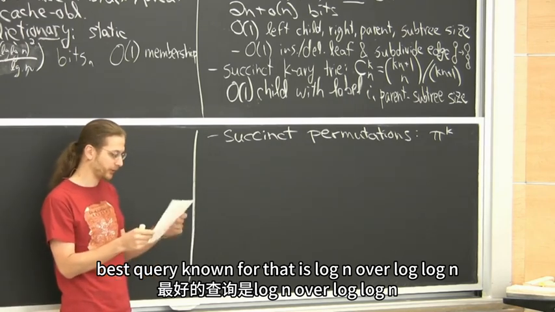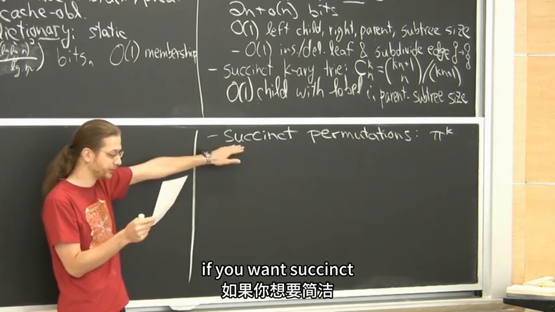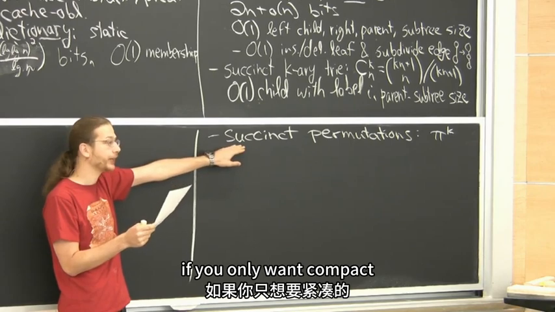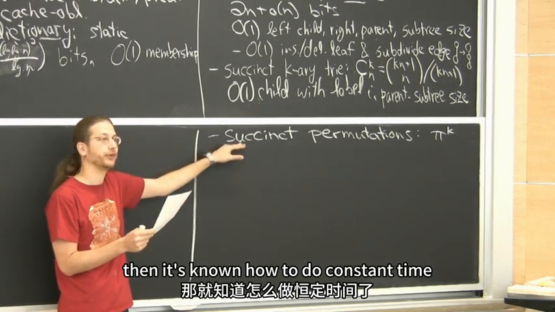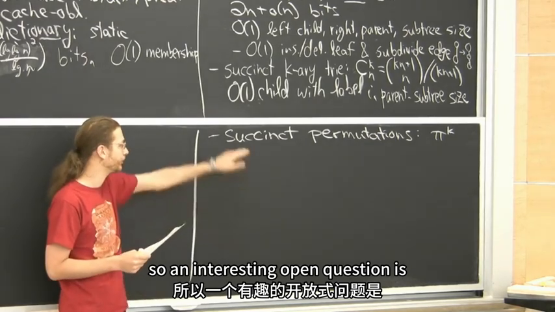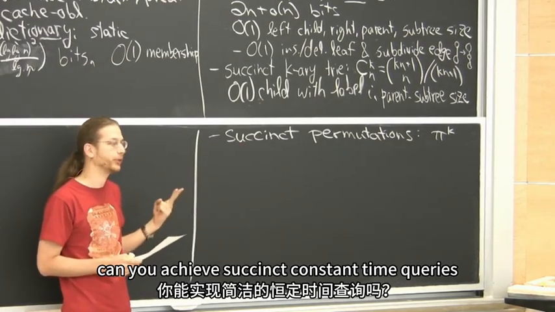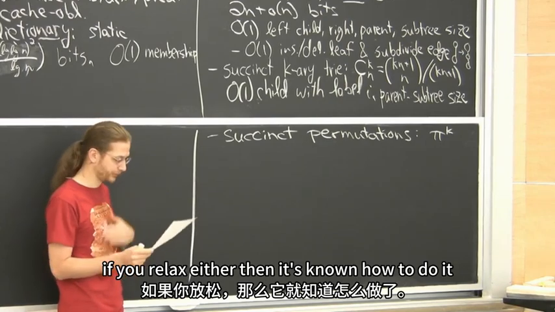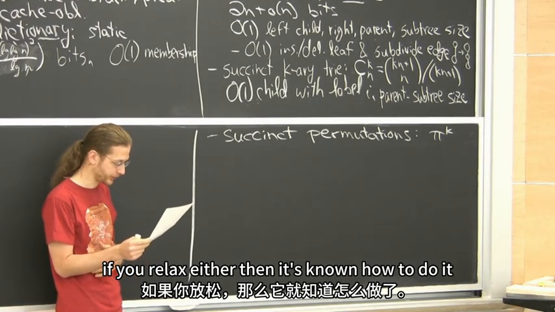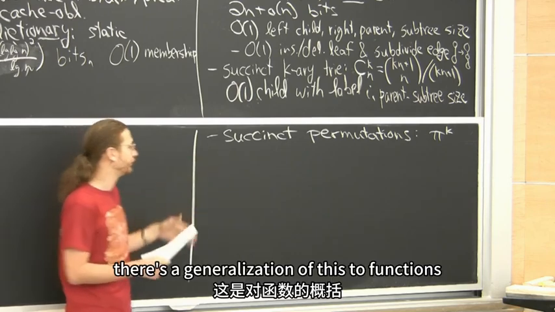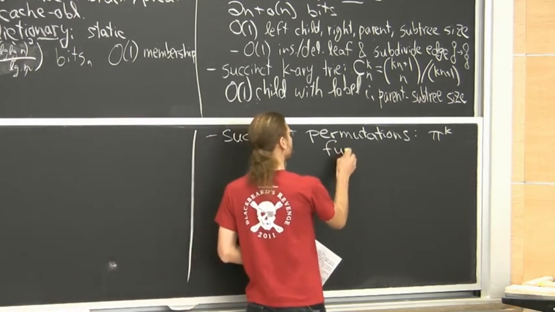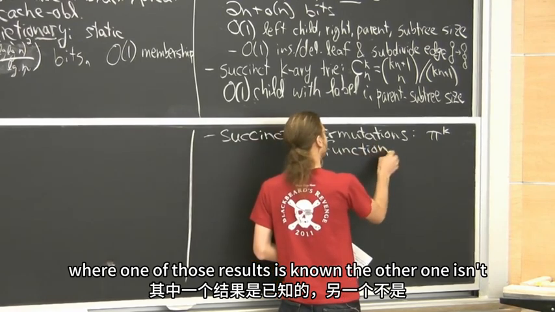The best query known for that is log n over log log n if you want succinct. If you only want compact, then it's known how to do constant time. So an interesting open question is, can you achieve succinct constant time queries? If you relax either, then it's known how to do it. There's a generalization of this to functions, where one of those results is known, the other one isn't.